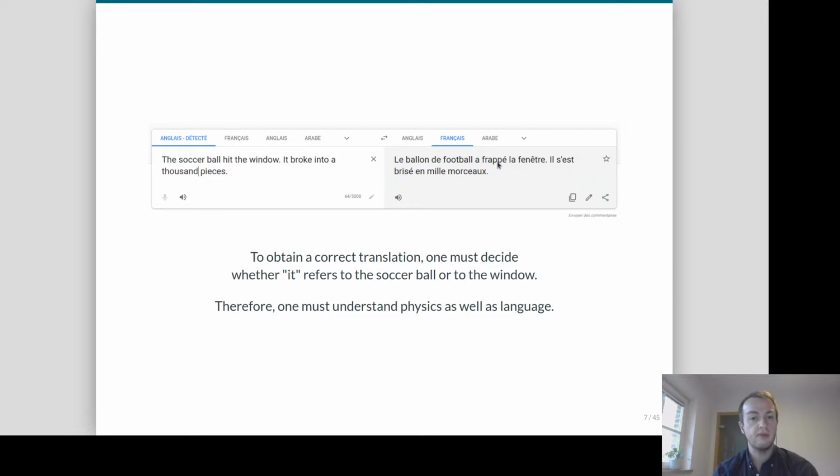And of course, only the window can break into 1,000 pieces. And so when you translate it into French, it should refer to that window. But to be able to do that, you need really to be able to understand what these sentences are about, right? And so this is what I'm saying. In order to make proper translations, you need to understand the physics in addition to language, right? And this is still an issue with today's systems.